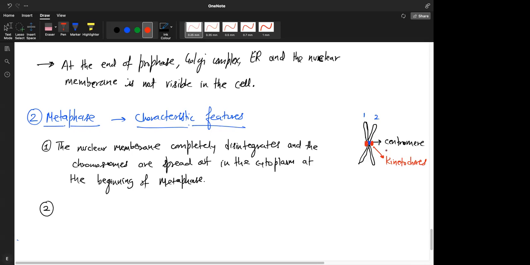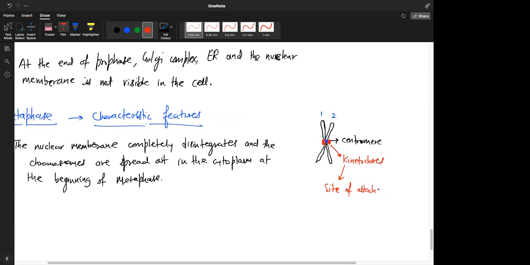And about kinetochores, write down, these are the site of attachment of what? What is coming to attach to them, to pull them apart? Spindle fibers. Exactly. Sites of attachment of spindle fibers.